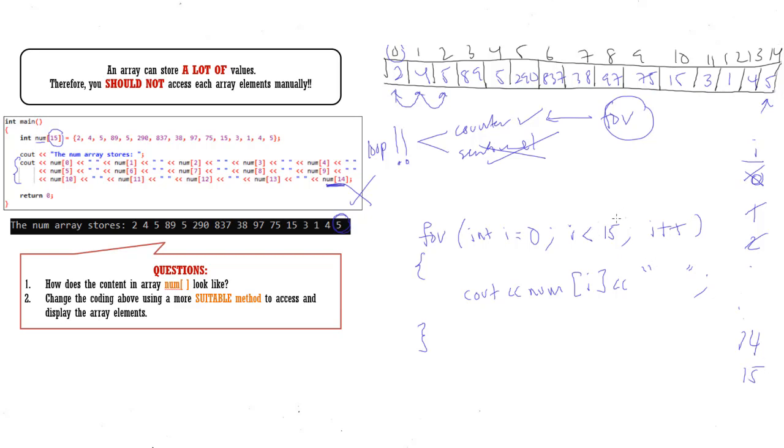Is 15 less than 15? No, so it will stop at 14. We notice that it starts at 0 and stops at 14. And that is how you access each element inside your array: use a loop, to be more specific, use a for loop.